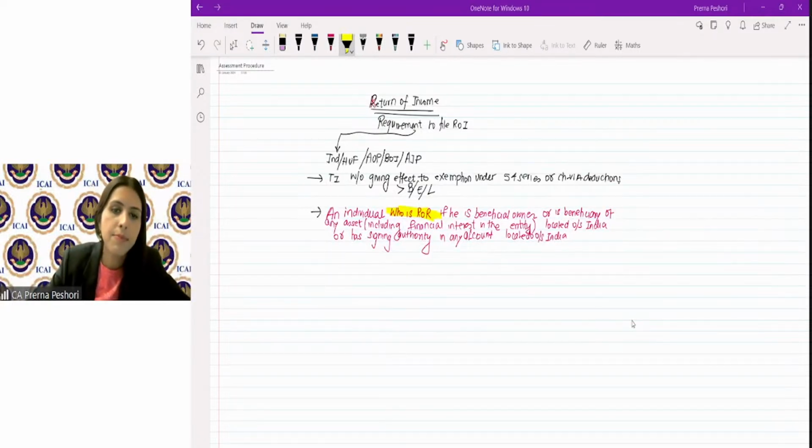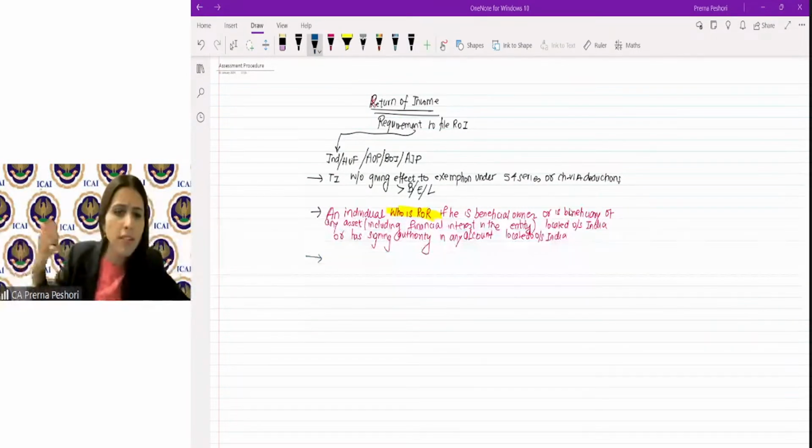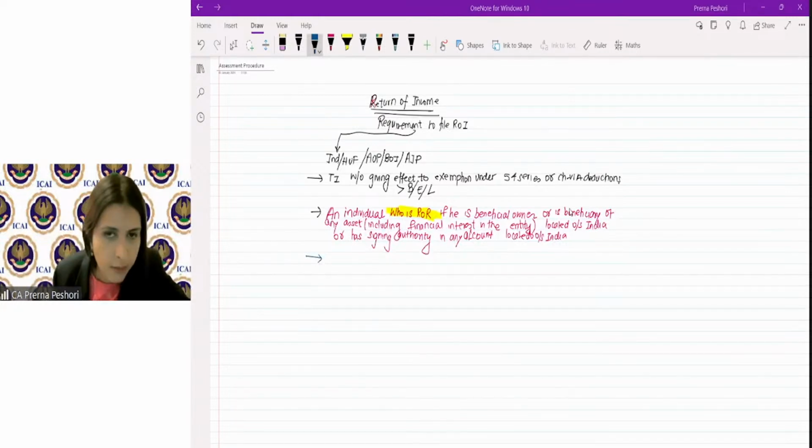Third one. This is for any person who is not required to furnish the return of income. Let's say he doesn't have the total income, or this AOP or BOI does not have the total income more than the basic exemption limit.